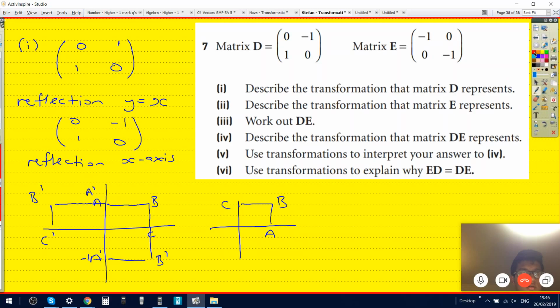Okay. And so what is that? Describe the transformation that matrix E represents. E is -1, 0, 0, the 1, 0, 0 original. So would that be a reflection in the y and then the x-axis, which is the same as a rotation by 180 degrees? Not 180.